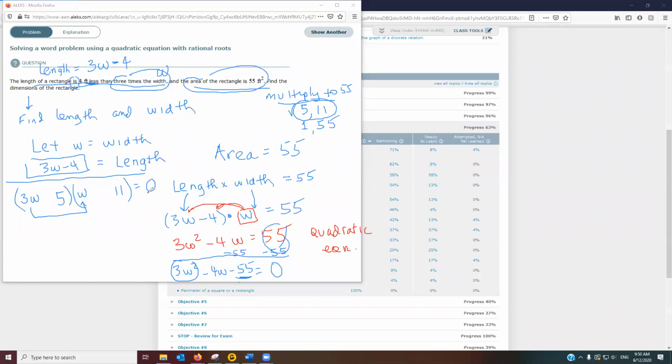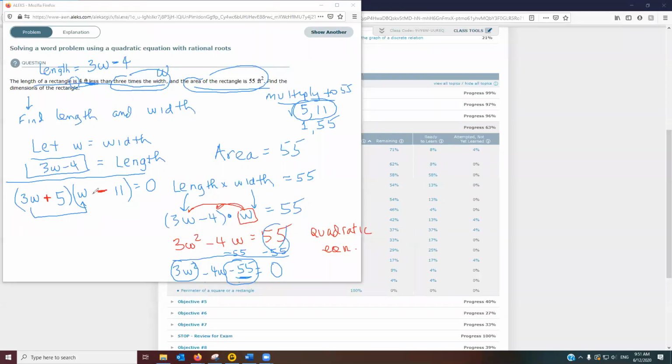Now, what signs should I put in the parentheses here? Well, I know this constant back here is a negative. So these 2 numbers in the back of the parentheses have to multiply to get me negative 55. Well, the only way to get 2 numbers to multiply to get to be a negative is the 2 signs have to be different. So I'm going to put a plus and a minus here.